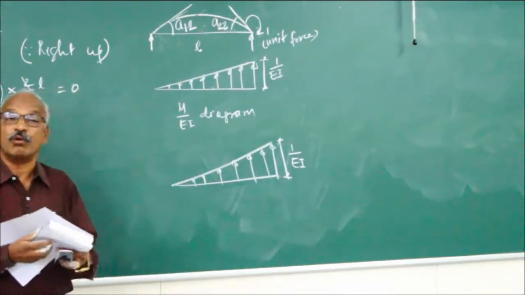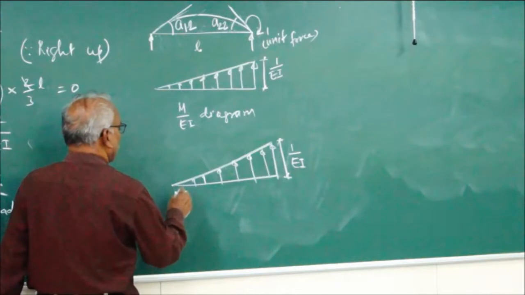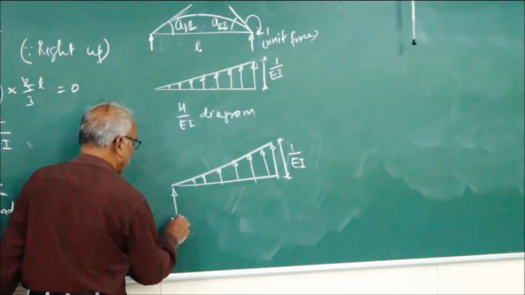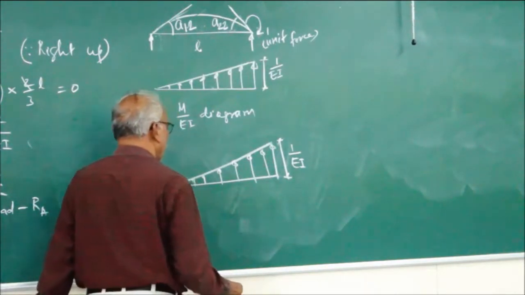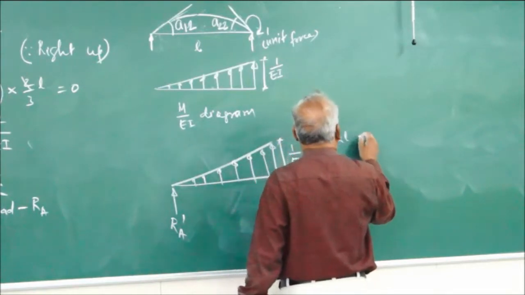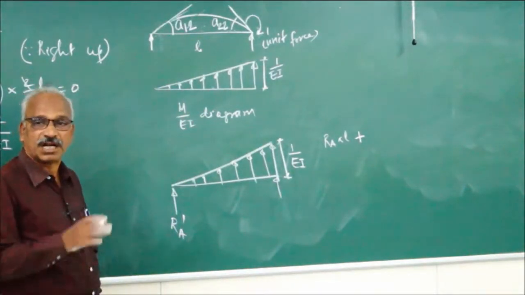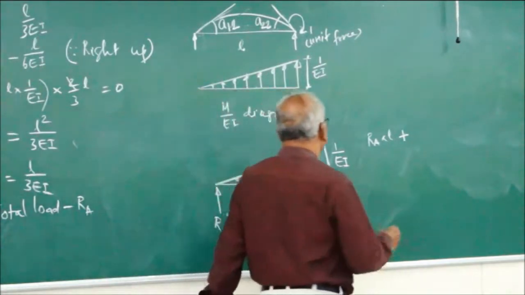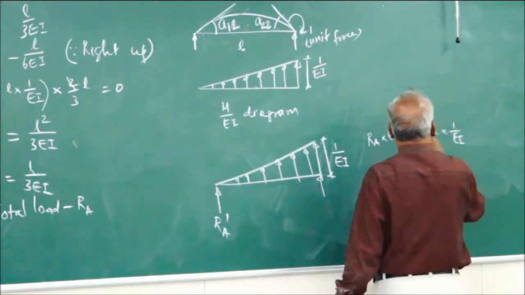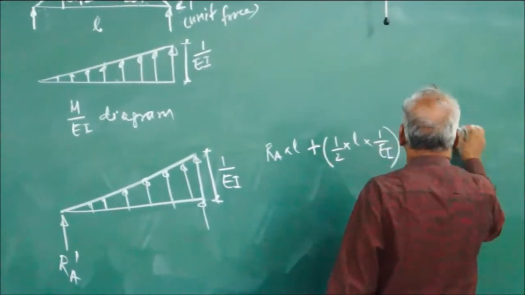Now here, both reactions will be downward. First, let us assume RA is upwards. When you take moment about the right support, it is RA into L plus half into L into 1 by EI into 1/3 of L is equal to 0.